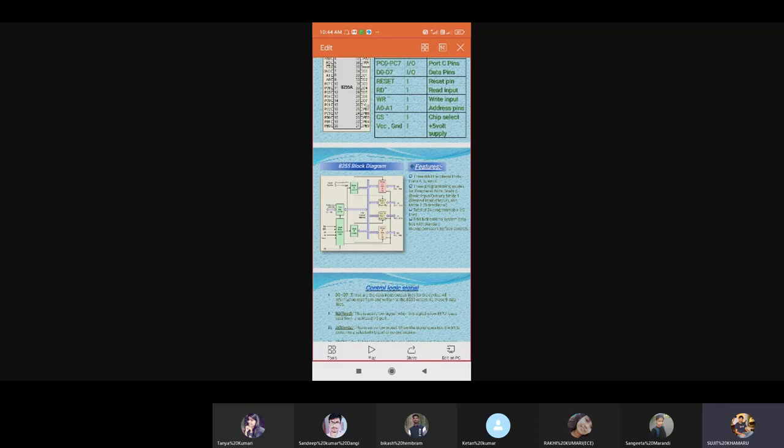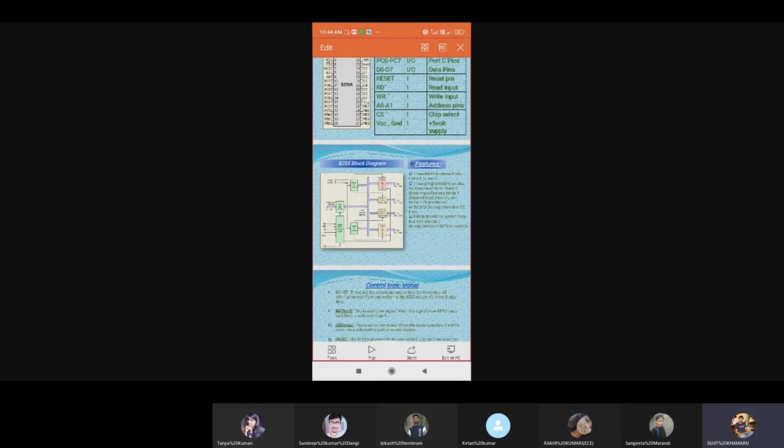So there are a total of 24 programmable IO lines, and an 8-bit bidirectional system data bus with a standard microprocessor interface control.